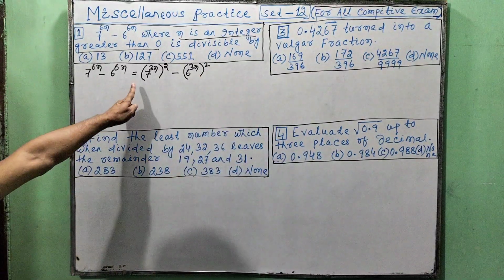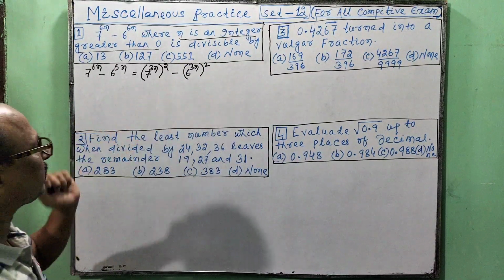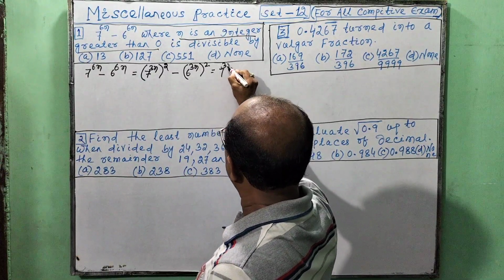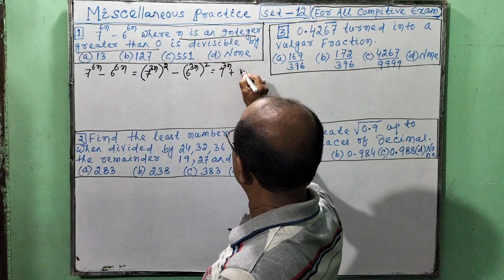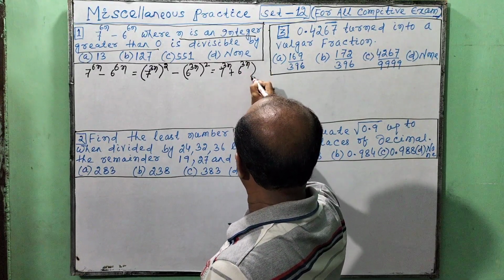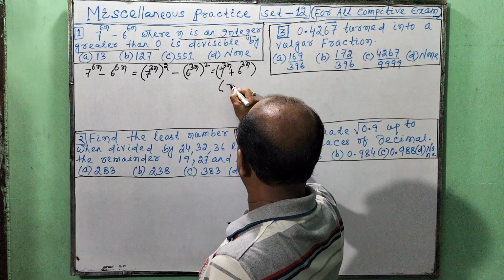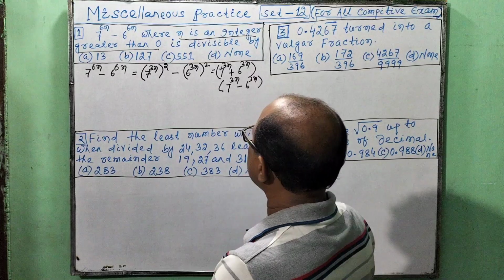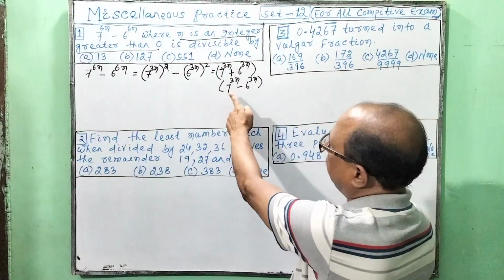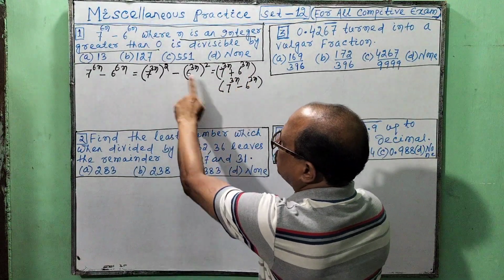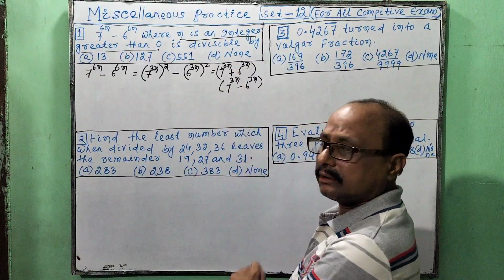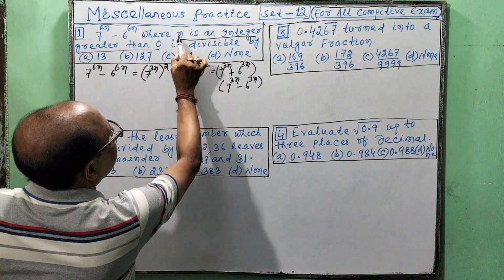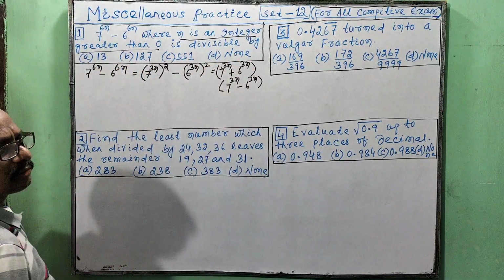So this is a square minus b square, which is (a plus b) whole into (a minus b). The formula is a square minus b square. The question says n is an integer greater than 0.